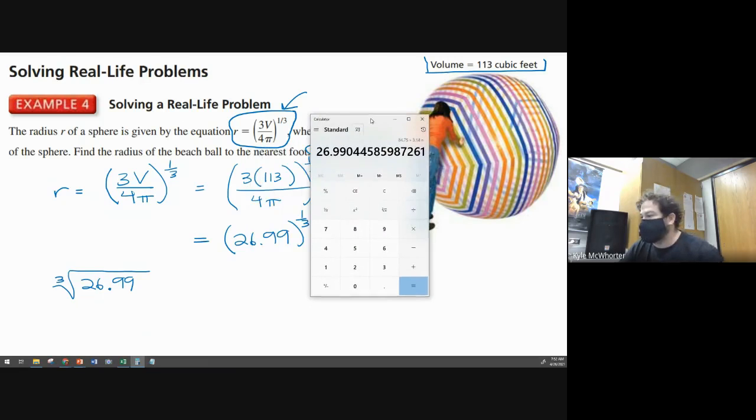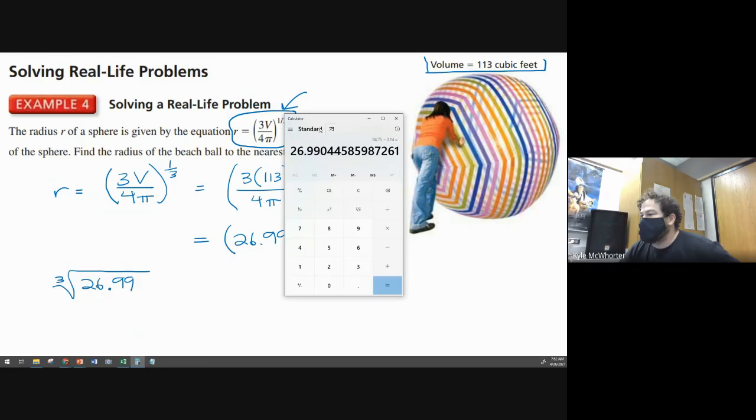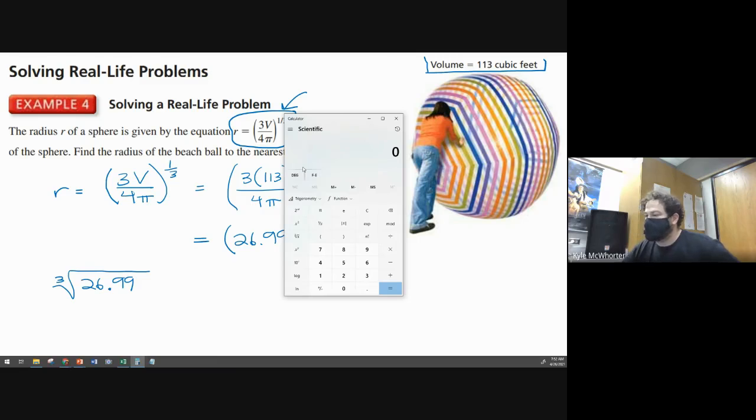This calculator doesn't have a cube root, but I can switch it to scientific, and that should have a cube root in there somewhere. Or we can just do the fraction power, right? We can do 26.99 to the, and then I'm going to put fractions, 1 divided by 3.